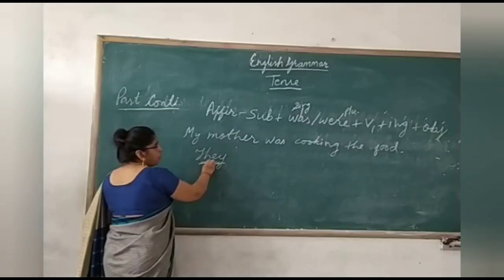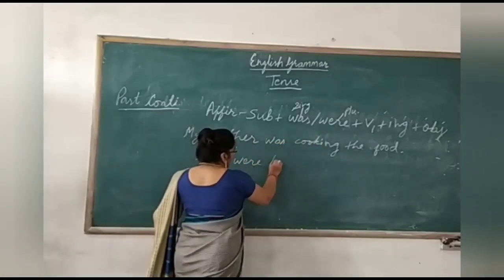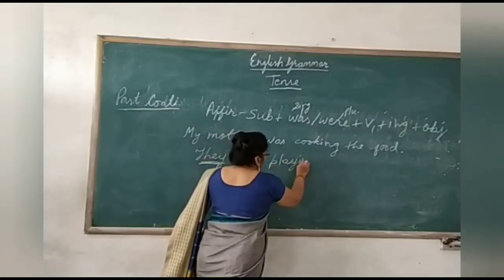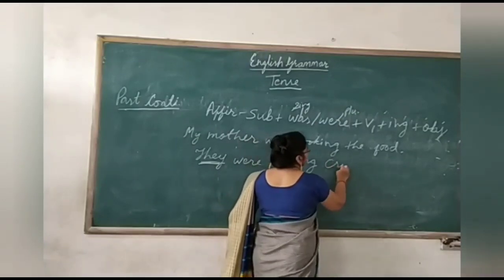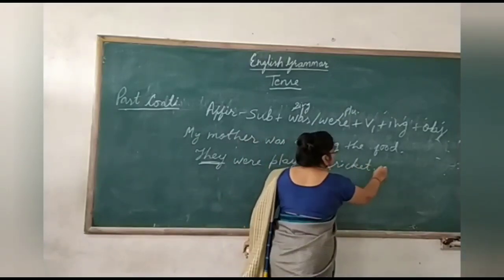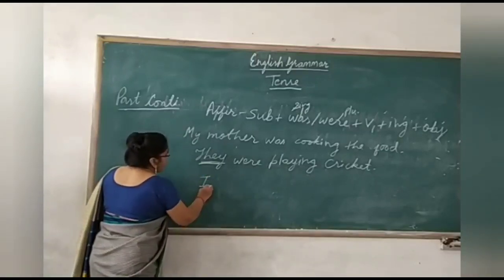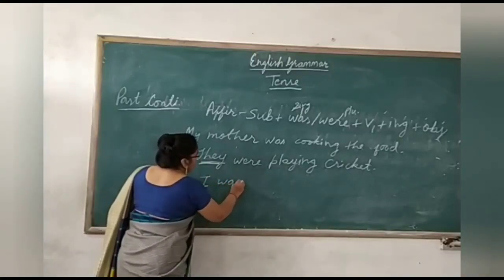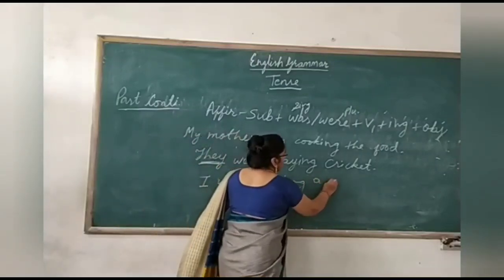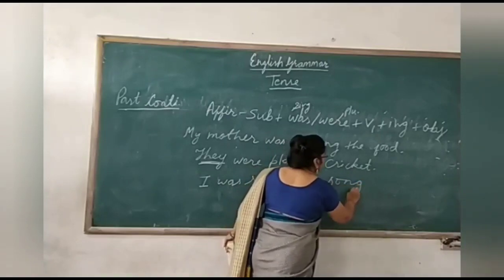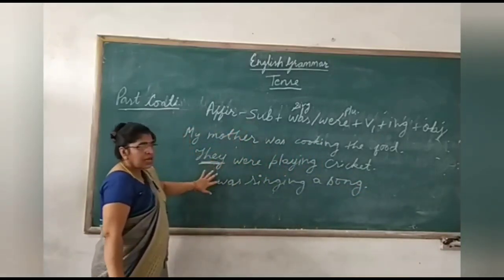Because they is plural, you have to select were with it. Were. Play, ing add it, then cricket. Then next, the third sentence, I was singing a song. Done? Same structure we have used here.